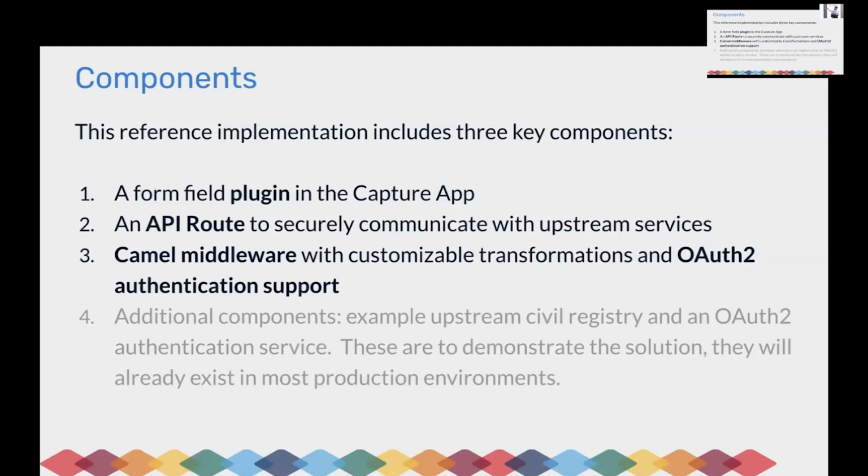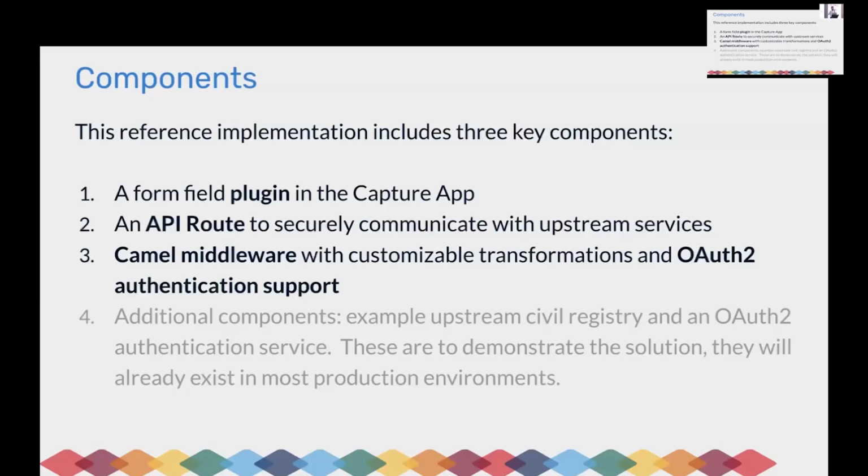Then we have an API route that communicates with the upstream services. And the team has built a middleware component, a Camel middleware, with customizable transformation and authorization support. This is something that an implementation might want to adapt, depending on what registry or what platform you want to integrate with.